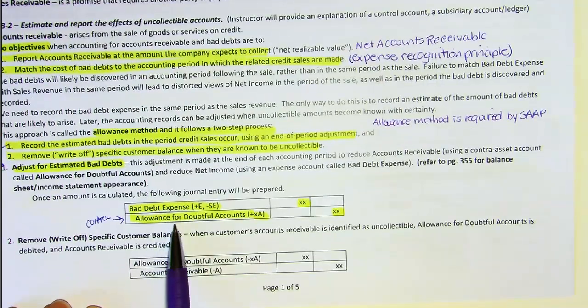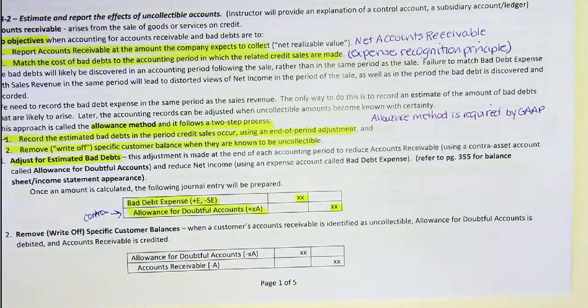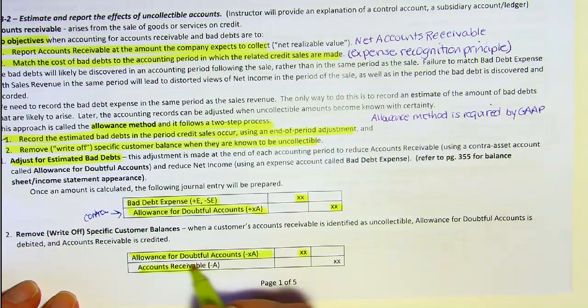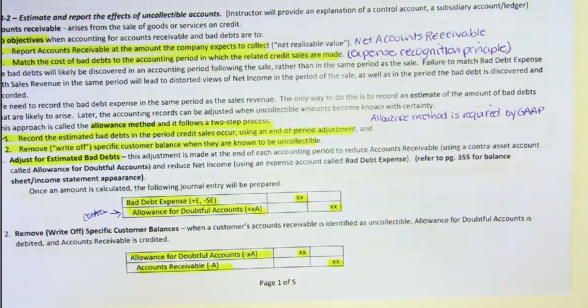And now that we know whose debt is not going to be paid to us, we'll debit the allowance account and credit that customer's specific accounts receivable.